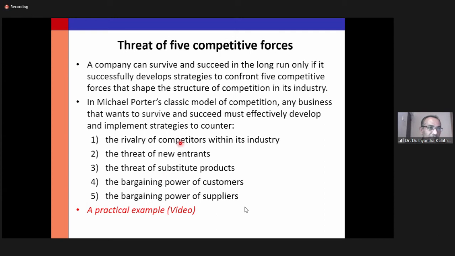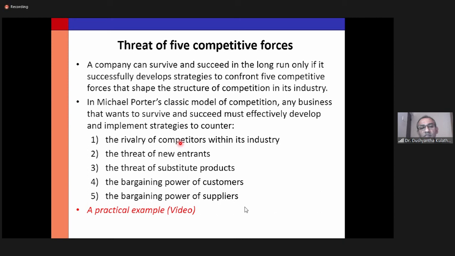Now, one other thing I want to mention is that even though this model was introduced in the 1980s, it is very much applicable even today. It is one of the most used models to analyze the present, existing environment faced by organizations.